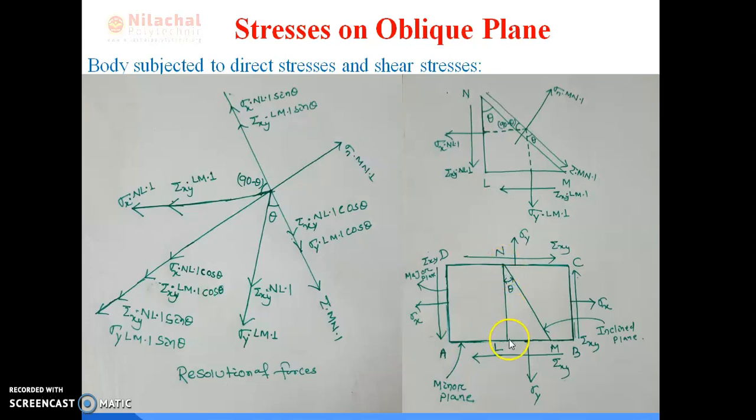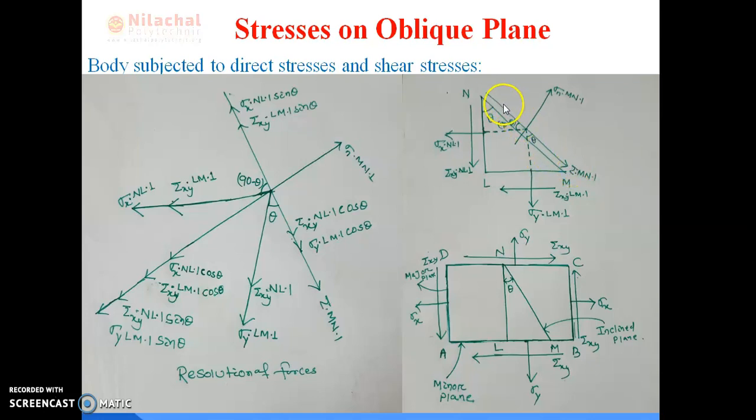Here we have taken LMN as the triangular body. Take it outside, and we will have the upper figure. This is the LMN body, of triangular cross section. MN is the inclined plane, LM is the horizontal side, LN is the vertical side. This is the base of the triangle, this is the perpendicular, and this is the hypotenuse.